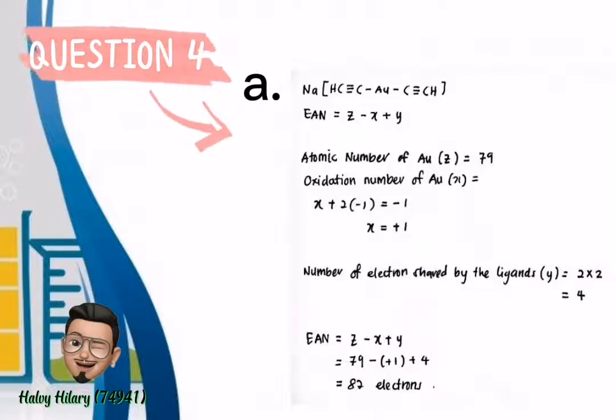The atomic number of the metal center here is 79, and the oxidation number is +1, and the number of electrons shared by the ligands is 2. So 2 multiplied by 2 is 4 because there are 2 ligands, and the effective atomic number is 79 minus 1 plus 4, equal to 82 electrons.